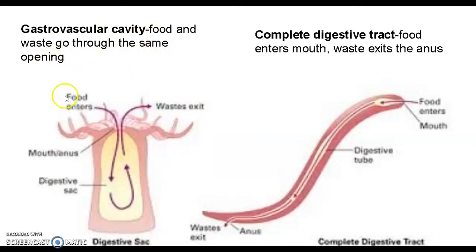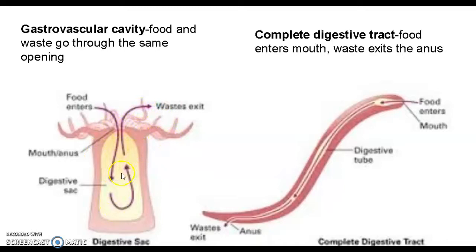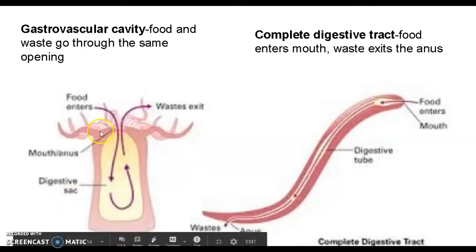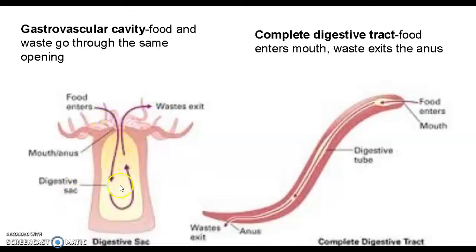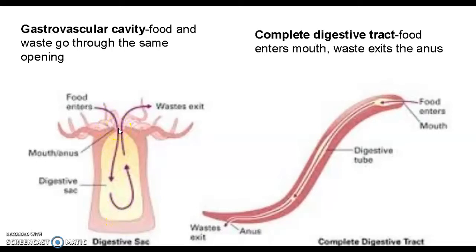So food and waste go in through the same opening. During their development, that pinch that forms in the blastula never actually reaches the other side, which is why they only have two germ layers, the endoderm and the ectoderm.